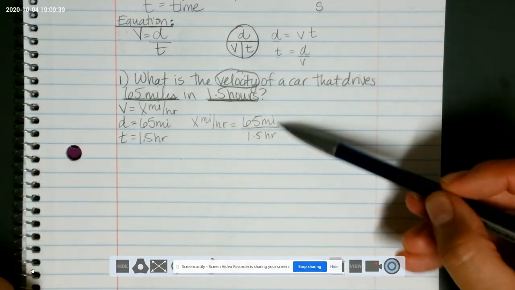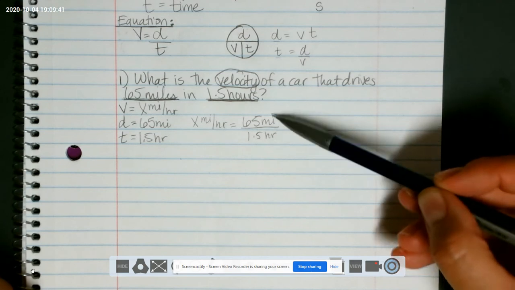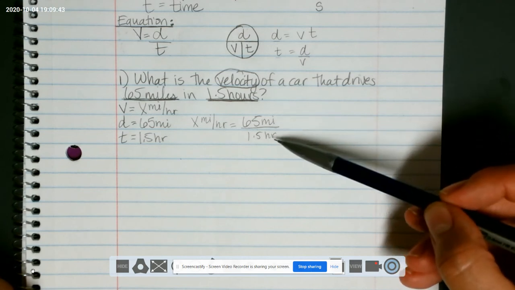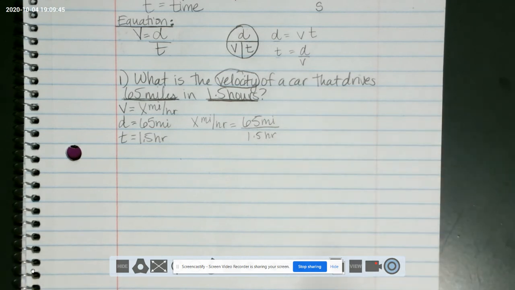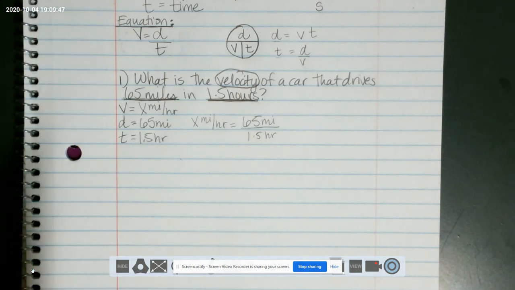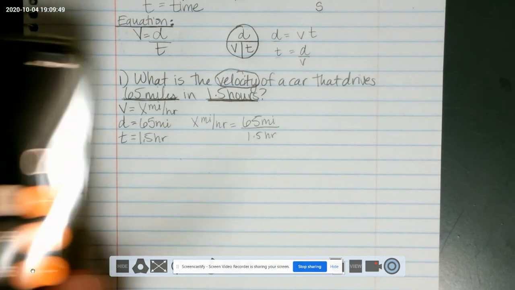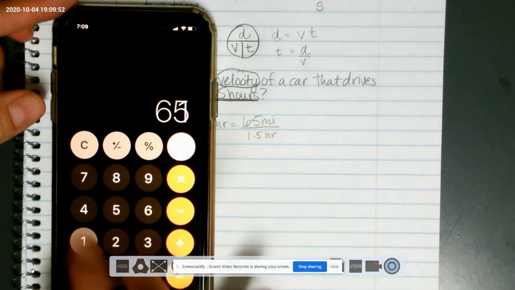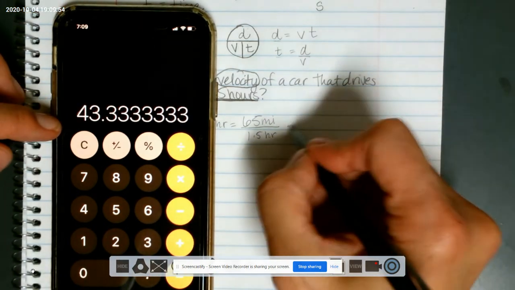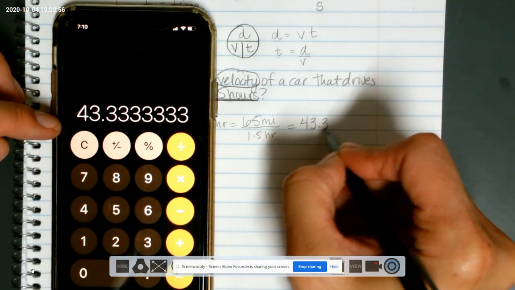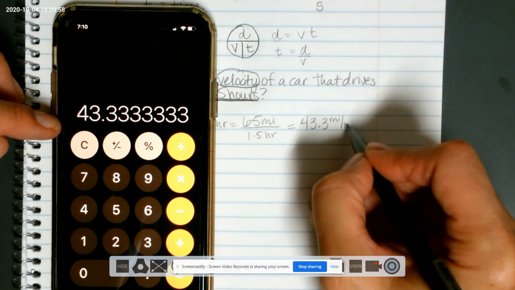Now I have two units, one on top, one on bottom. They're not the same unit, therefore neither one of them cancel. So now all I need to do is divide. I'm going to take 65 into my calculator, divide it by 1.5, and I'm going to get 43.3 miles per hour.